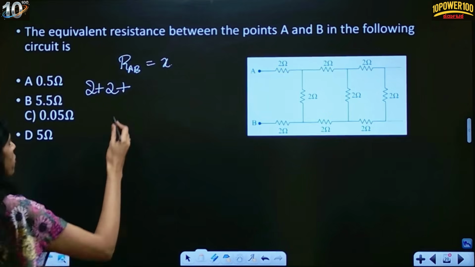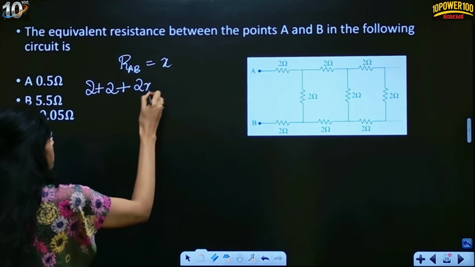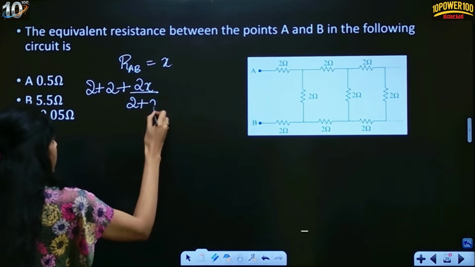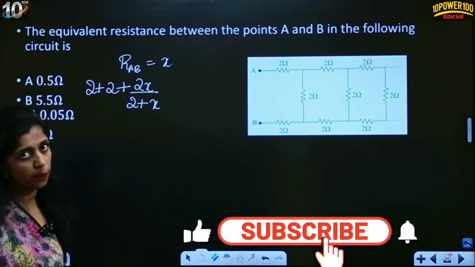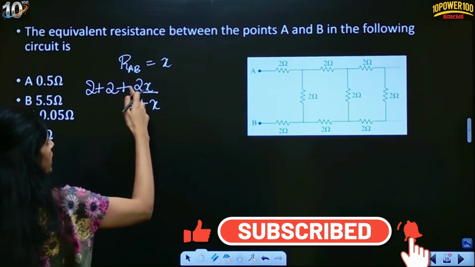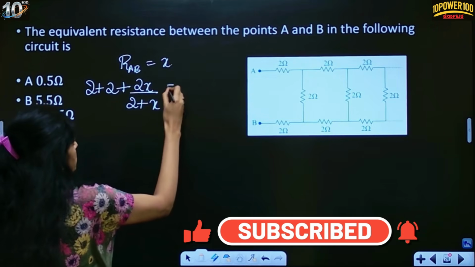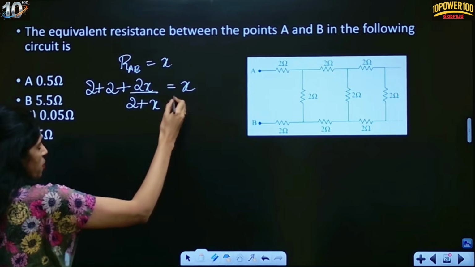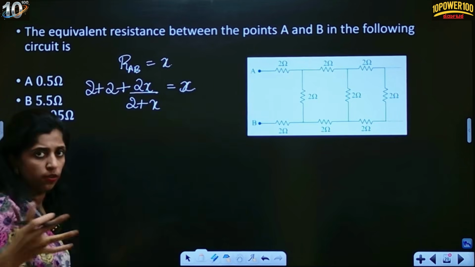That you can take as 2 into X divided by 2 plus X, because R1 into R2 by R1 plus R2. So 2 into X by 2 plus X is equal to X, guys. I'm just naming it X, and you can name it anything you wish.